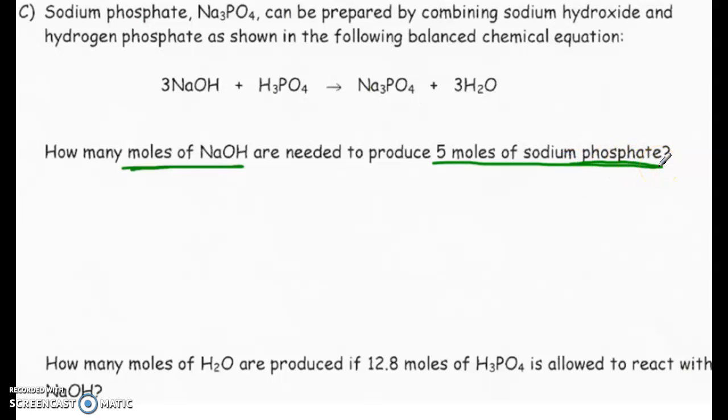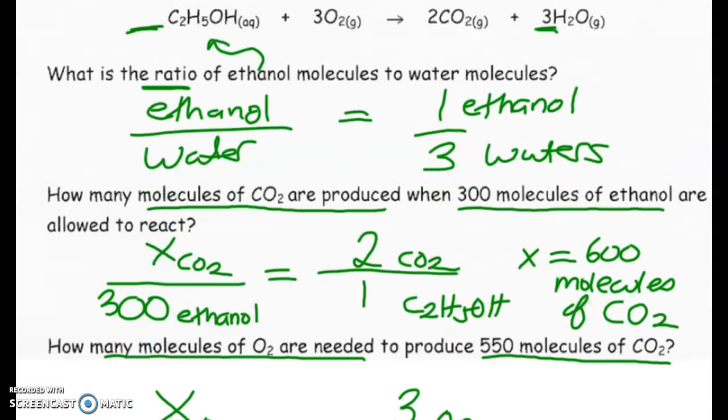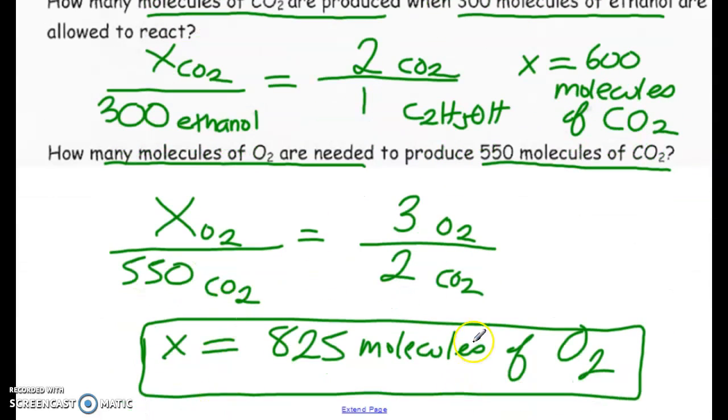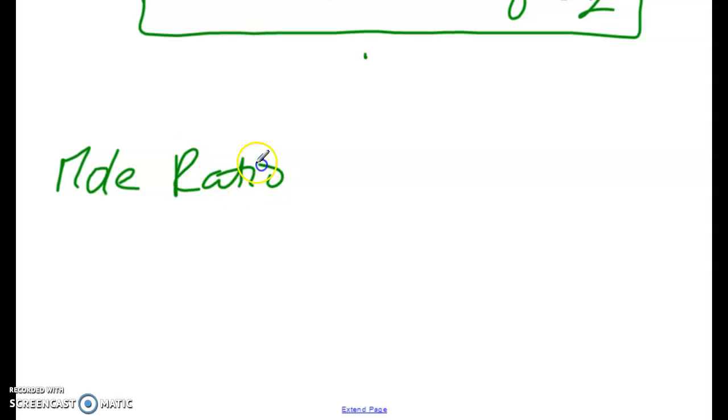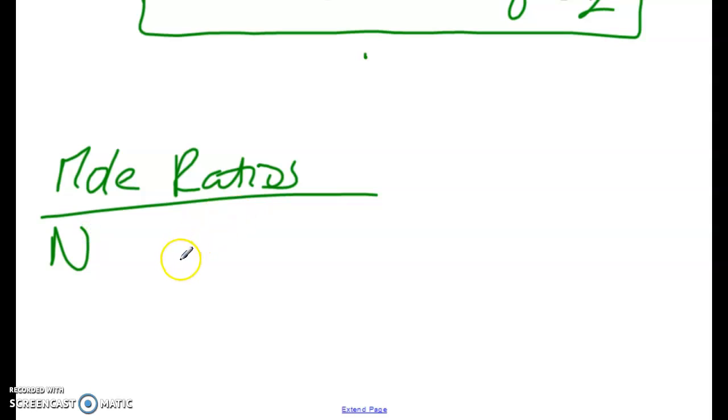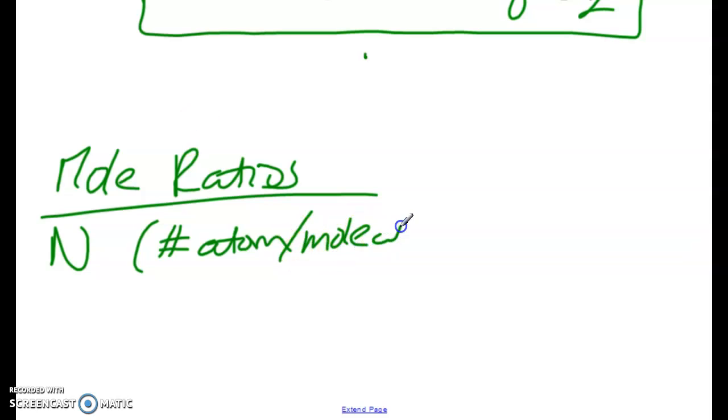Before we continue, it's important for you to understand that these ratios can only be used for two things. When do we use these ratios? They're technically called mole ratios, so they can only be used for the number of something, like number of atoms, number of molecules, number of whatever.